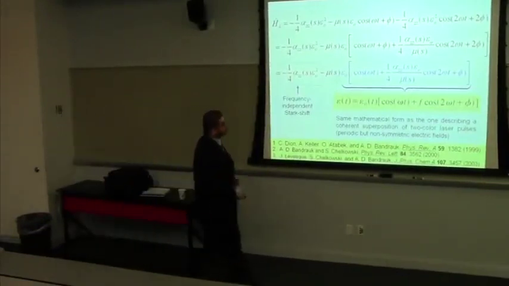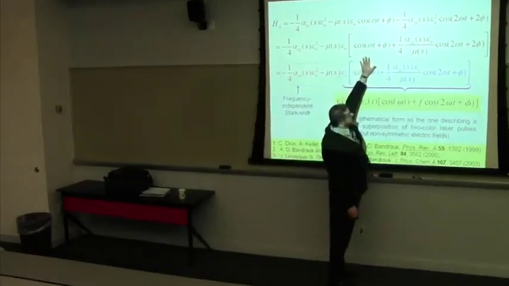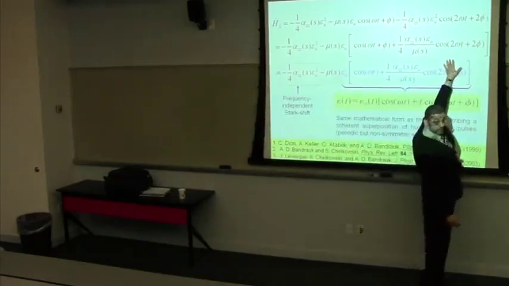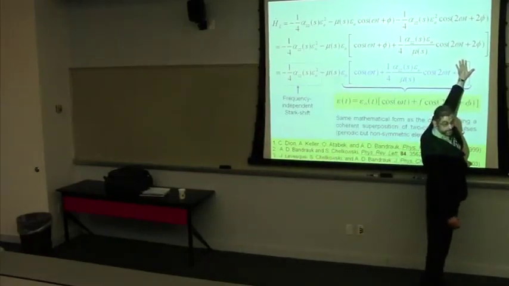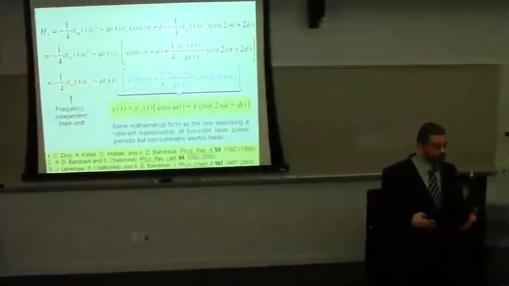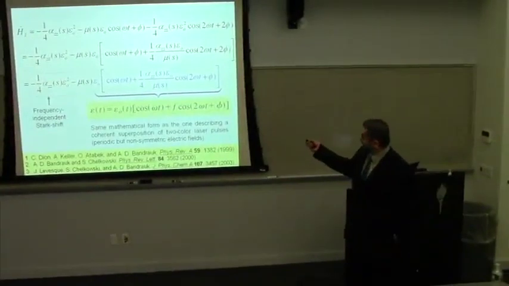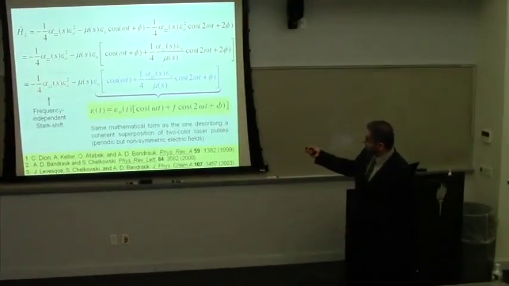And notice inside here, I have cosine of omega t plus phi, and here I have cosine of twice the frequency plus twice the initial phase. When you add waves like this, what matters is the relative phase. So you can drop one of these, and that becomes 1, and you reduce this to this.